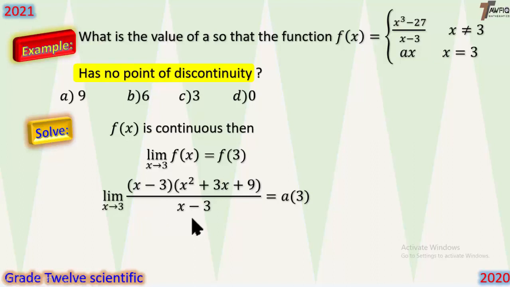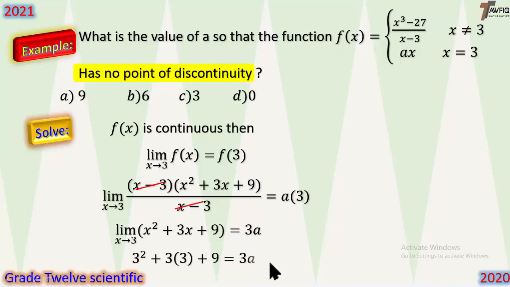And now cancelling x minus 3 with x minus 3, the limit when x approaches 3 of x squared plus 3x plus 9 equals 3a. Replacing x with 3: 3 squared plus 3 times 3 plus 9, which is 9 plus 9 plus 9, that is 27. Dividing by 3, therefore a is equal to 9. That means A is the correct answer.